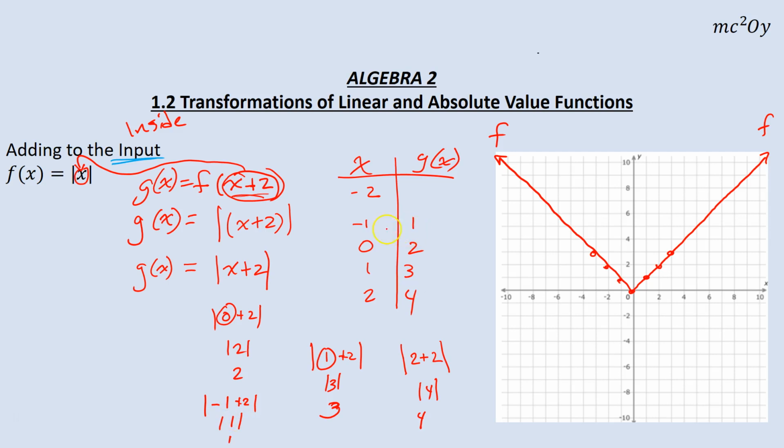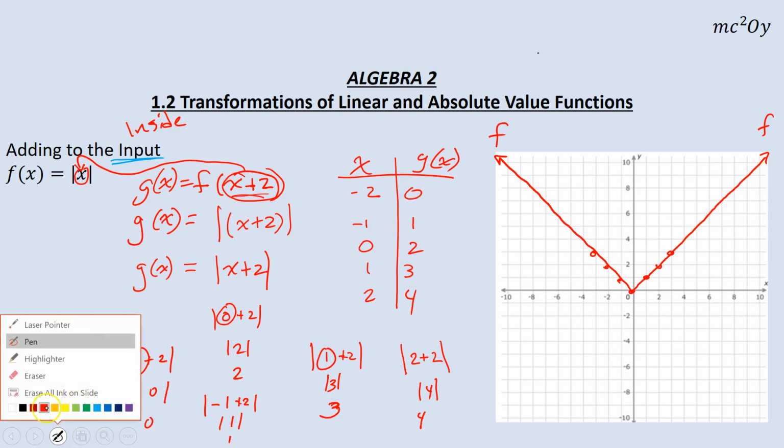Well, before, -1 gave me an output of 1. So that's kind of weird. Well, let's go ahead and try -2. -2 plus 2, input of -2 gives me an output of 0. Okay, well, that's kind of weird too.